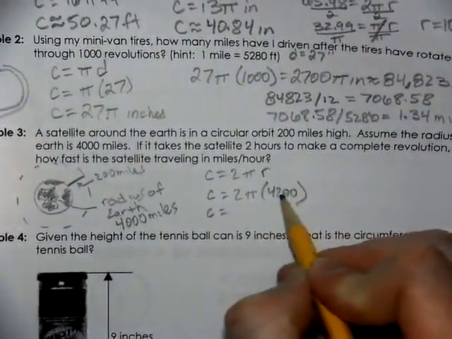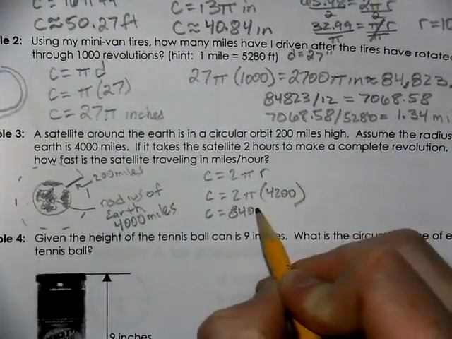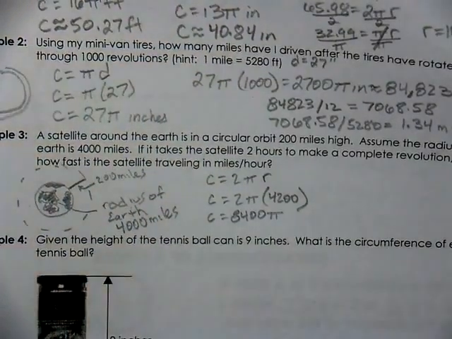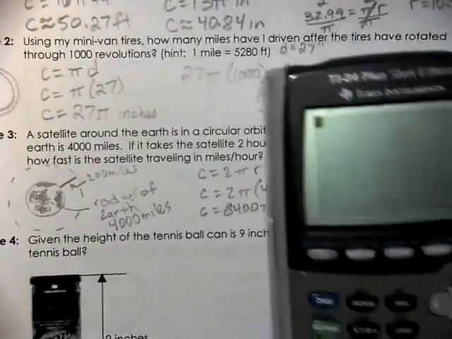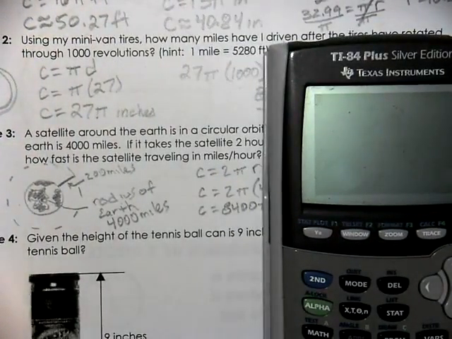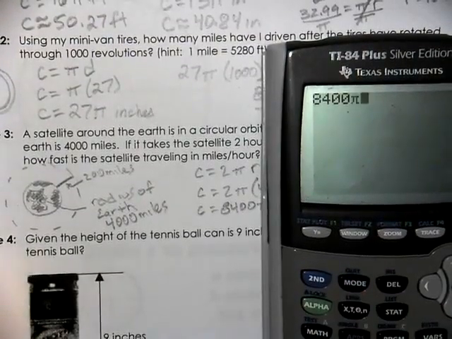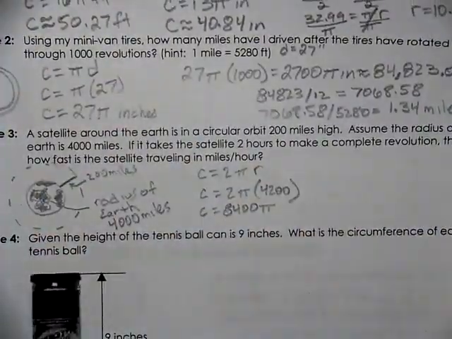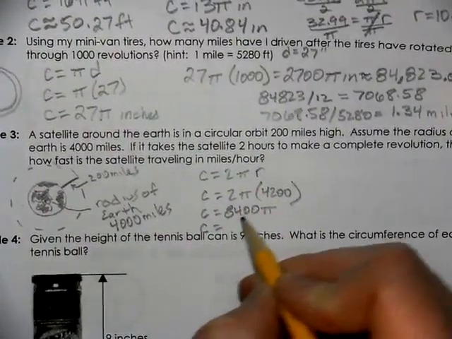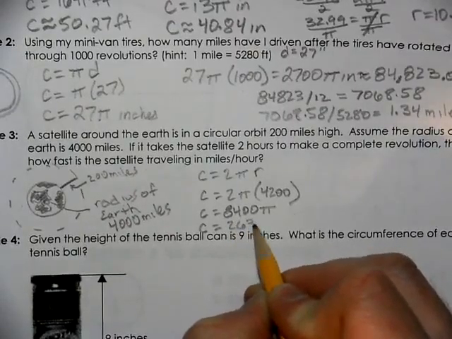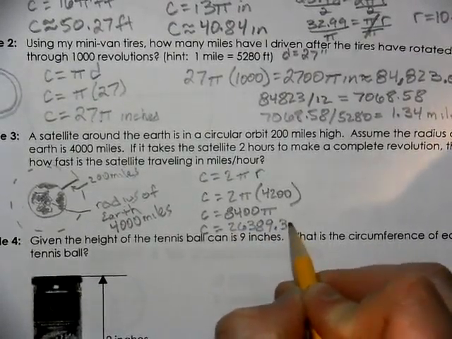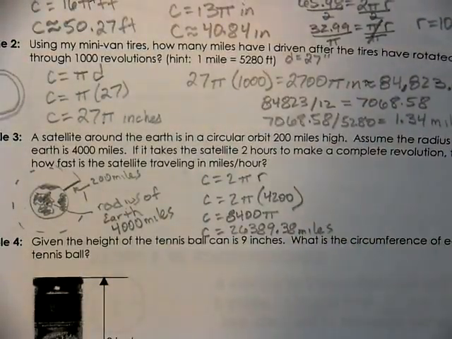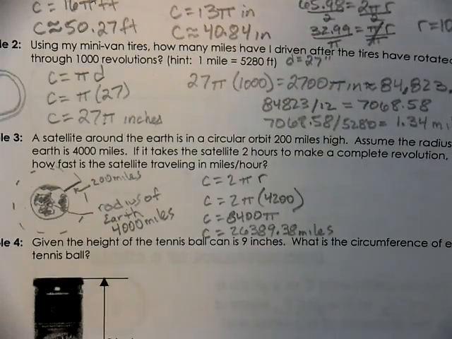So now we see that we would have 8,400 times pi. And if we would want to calculate out what that would be in miles, 8,400 times pi comes out to be 26,389. And those are miles. That's the distance that this satellite is traveling.